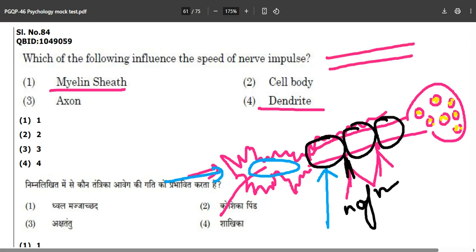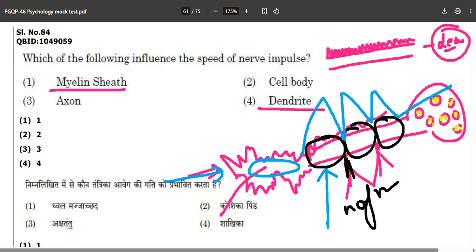Let's suppose this is the axon with no myelin sheath; it will go along slowly, and the speed is decreased. But with the myelin sheath, it will just jump, jump, jump, and tada. It will exit from here to the postsynaptic neuron, and it will have some speed there as well, depending upon the excitatory or inhibitory synapses.